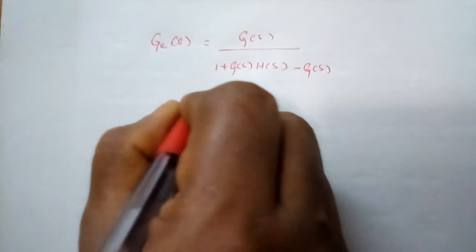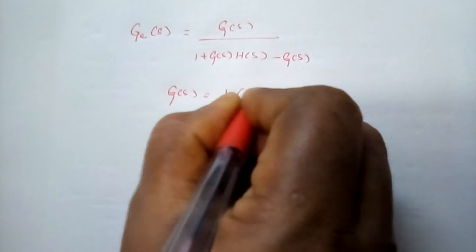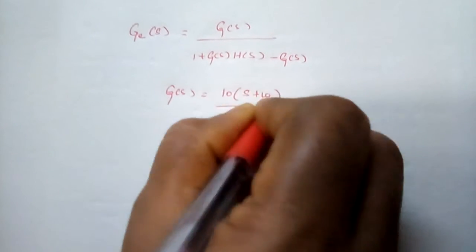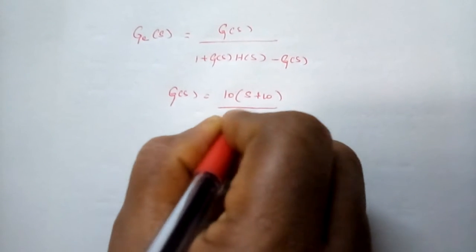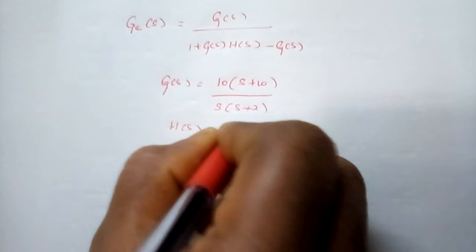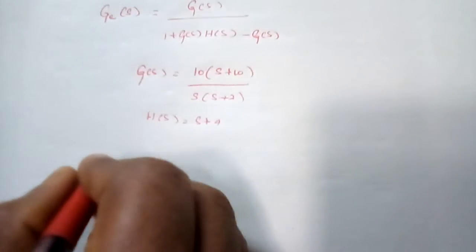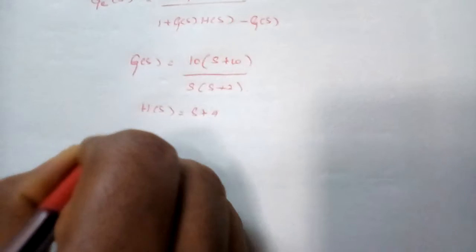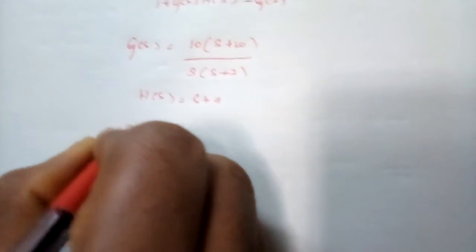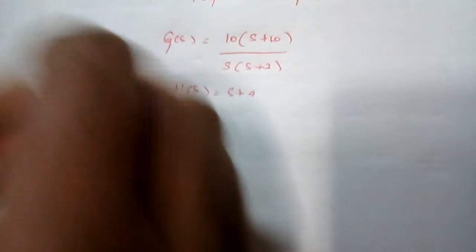G(s) is equal to 10 into s plus 10 divided by s into s plus 2, and H(s) is equal to s plus 4. Okay, and by substituting this, I need to find out the open loop transfer function. Then only I am able to find out what about the constant error here.